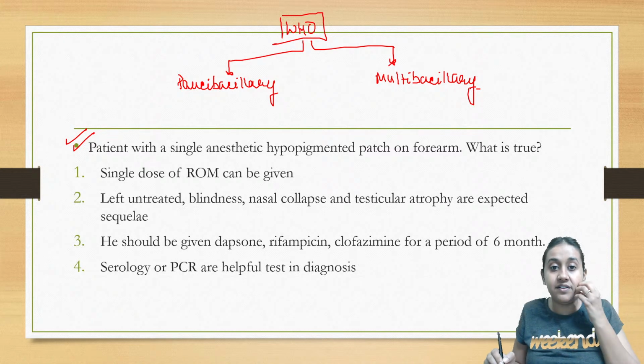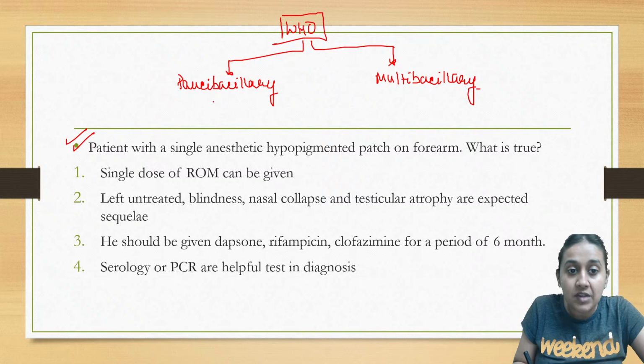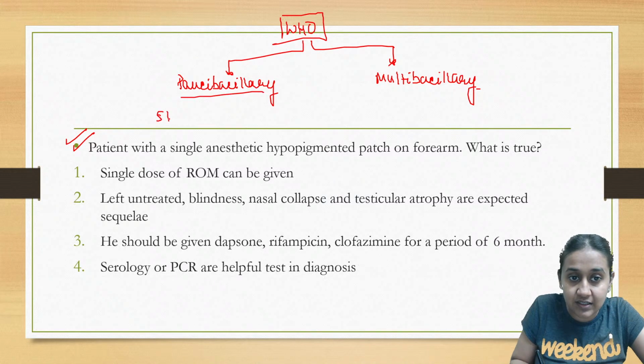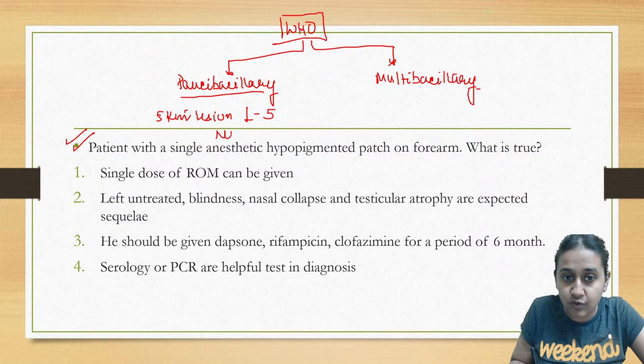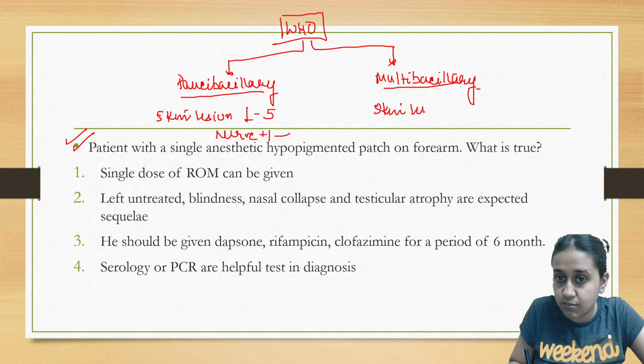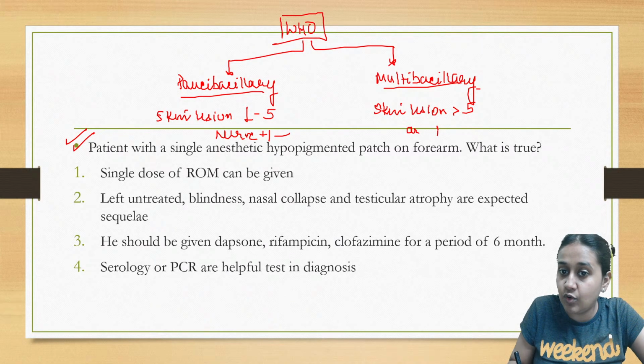Paucibacillary are those where the skin lesions are 1 to 5, or if a nerve is involved, it is a single nerve. While multibacillary are those with more than 5 skin lesions, and if nerves are involved, it should be 2 or more.